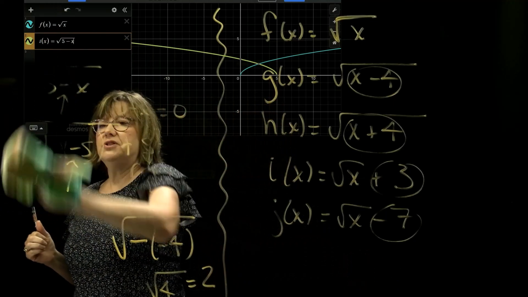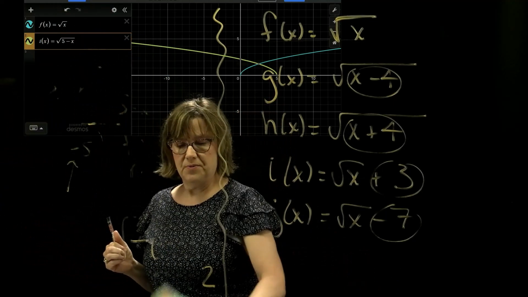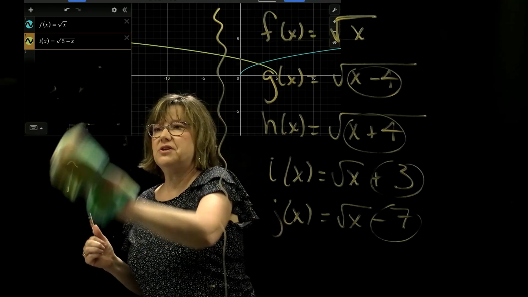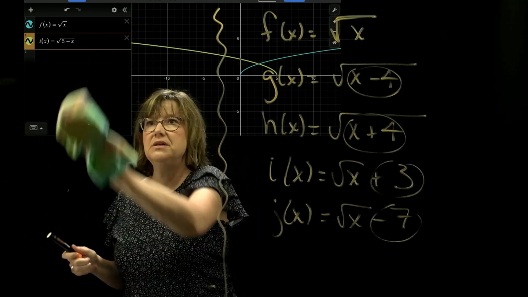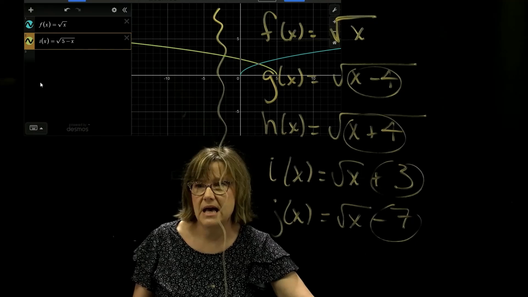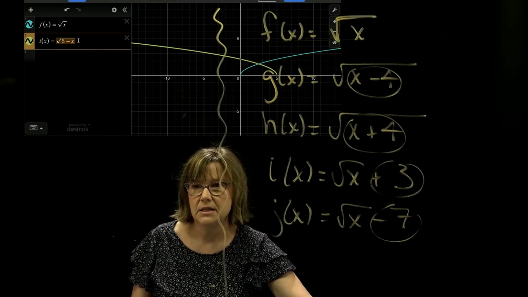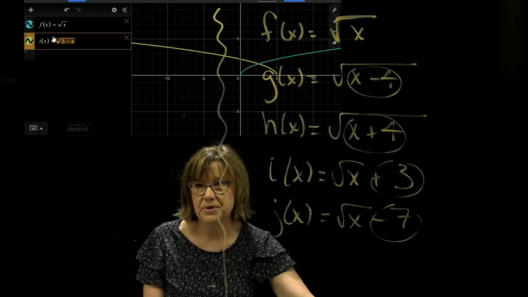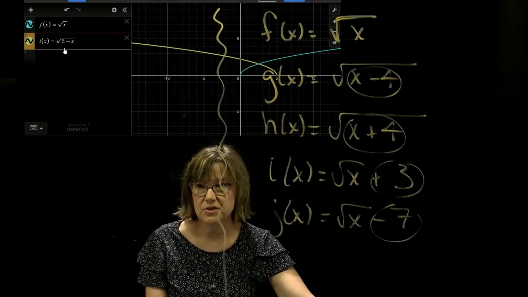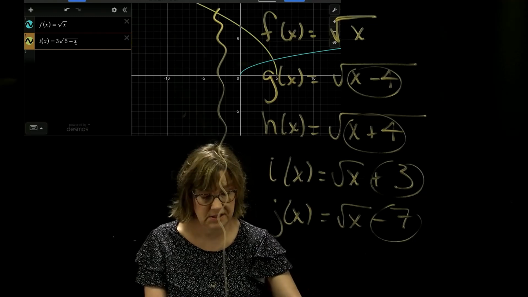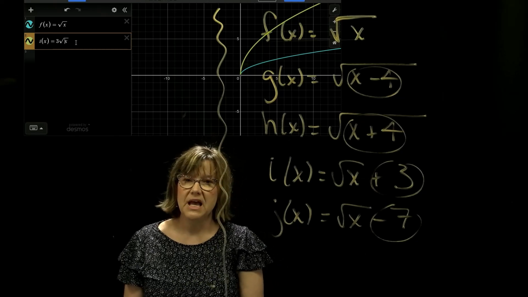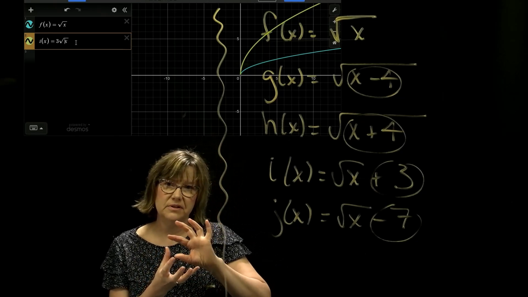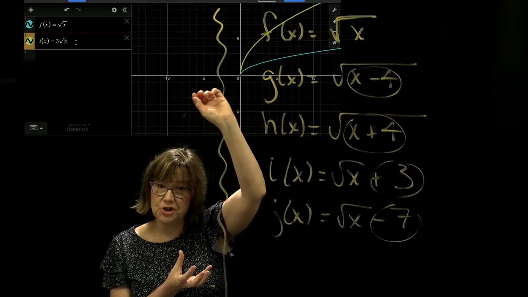All right, so what else do we have going on here? What else can I do? I could maybe do a couple things. Let's try doing a couple things to this one. Say I put a number out front. What's that going to do? Say 3. I'm going to ditch this stuff. That made it stretch towards the y-axis.